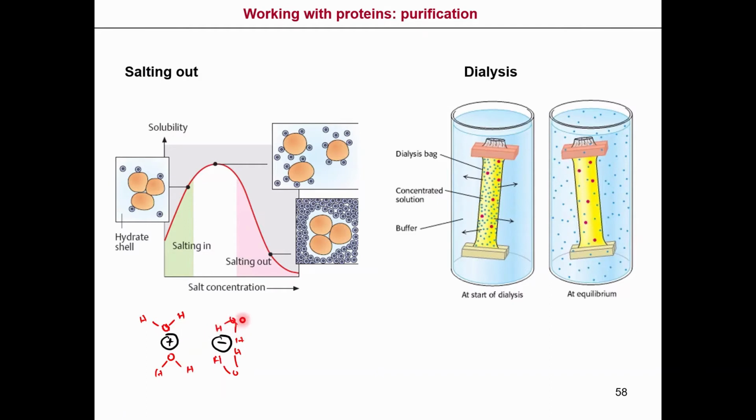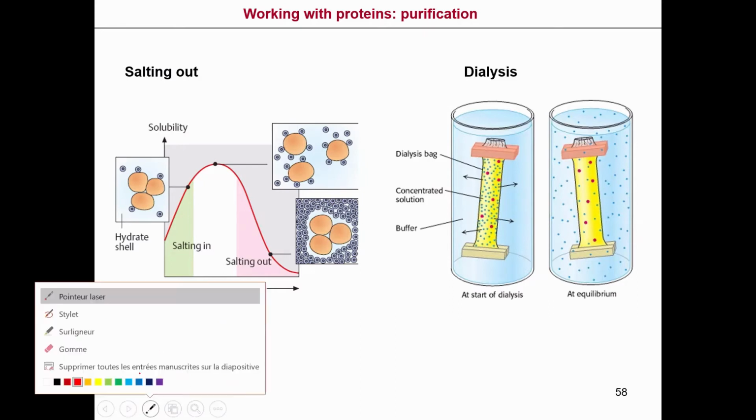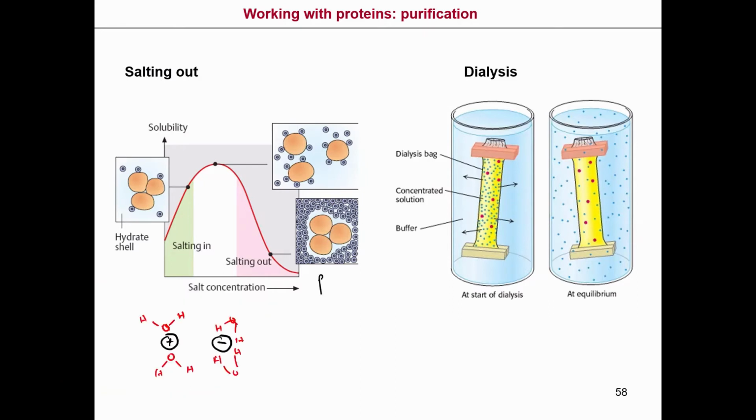So water molecules prefer to solubilize the ions, so the salt, and there will be no more water molecules around the proteins. So what happened? You will have interaction between these proteins and you will have the precipitation of your protein. Is it clear or not? I try to be clear, but I'm not sure.